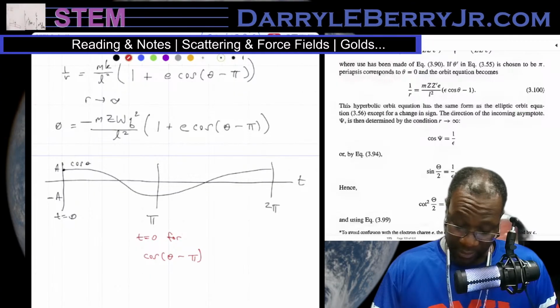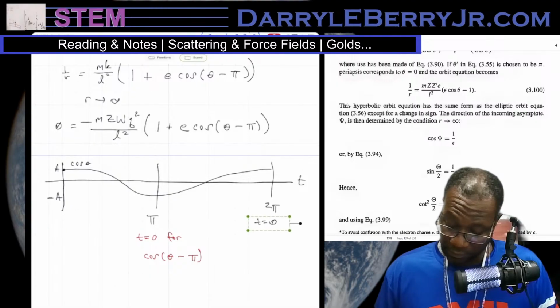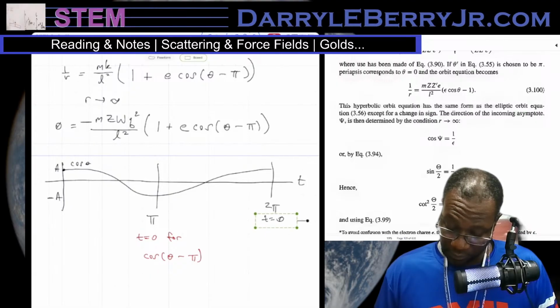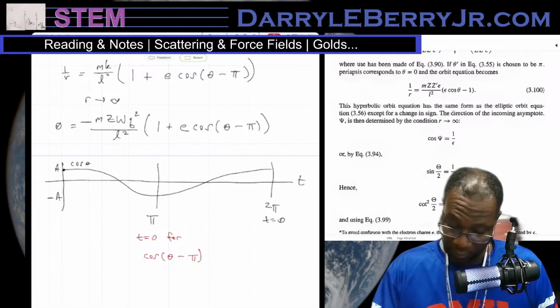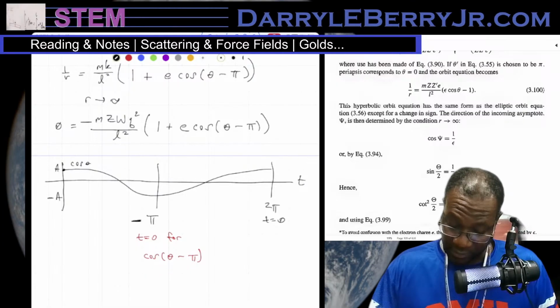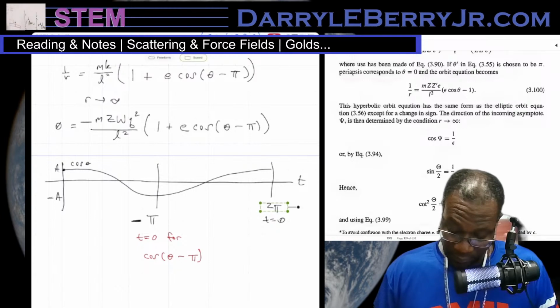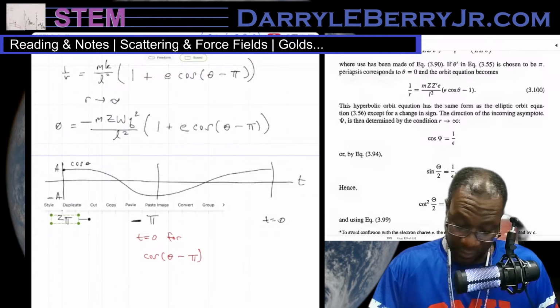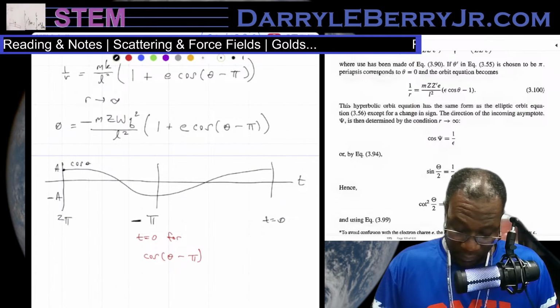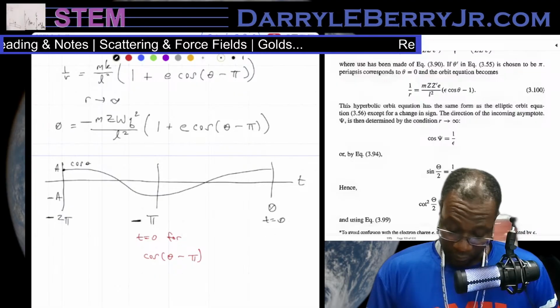I should have drawn my t equals 0 over here. This would be negative pi. This will be negative 2 pi, be 0.